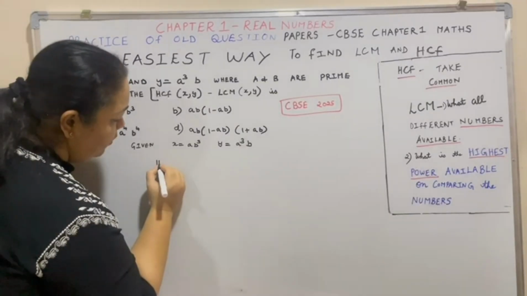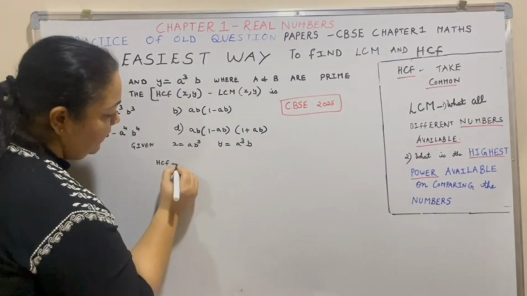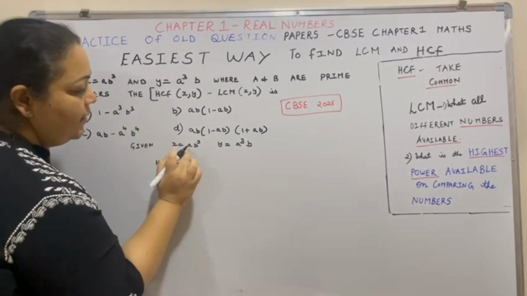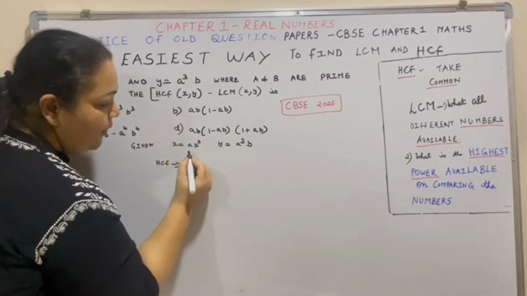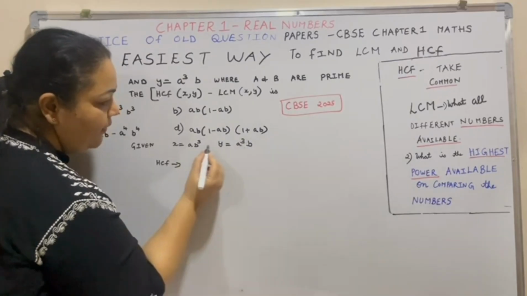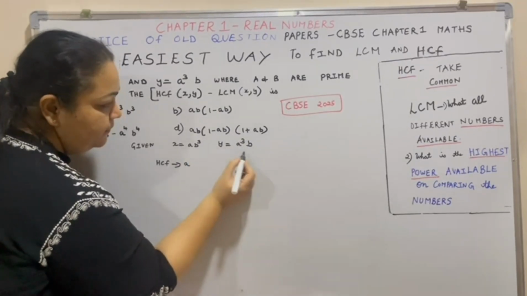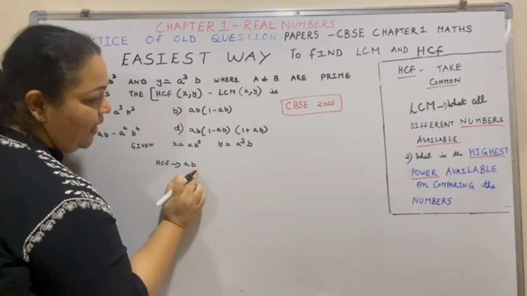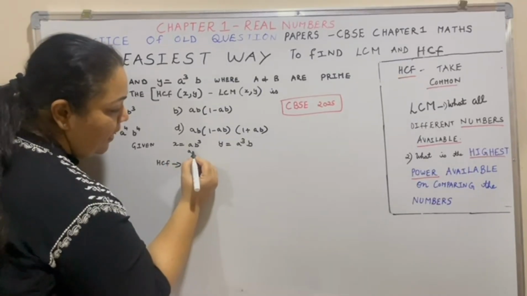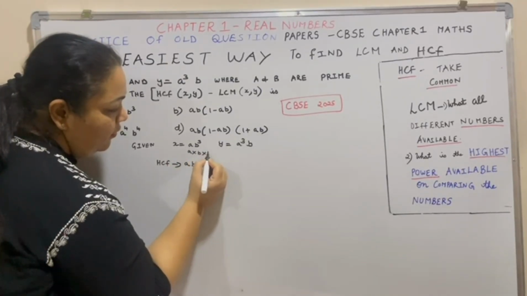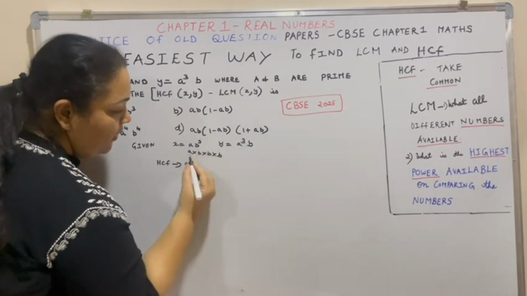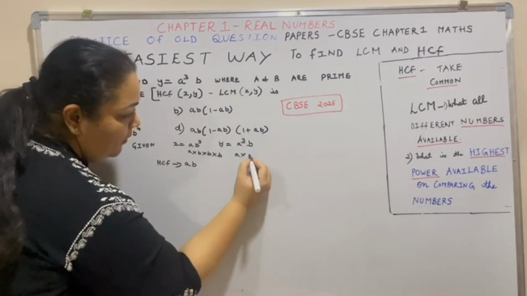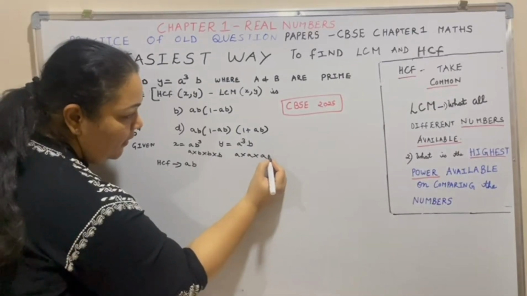Now we can find out what is HCF. HCF means the common between both the equations. What is the common between both the equations? A is common and b is common. So HCF is a and b. You can write x as a into b into b into b, and y as a into a into a into b.